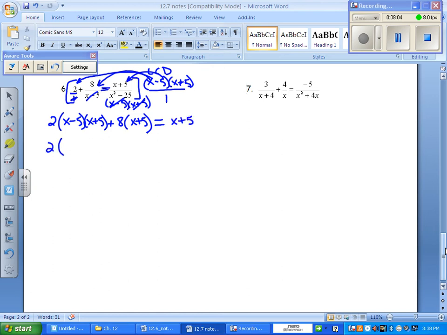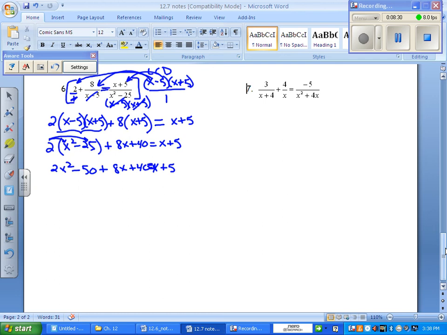Okay, this 2 will be on the outside, and you have an x squared minus 25 when you FOIL, plus 8x plus 40 equals your x plus 5. And then you distribute here, 2x squared minus 50 plus 8x plus 40 equals your x plus 5.